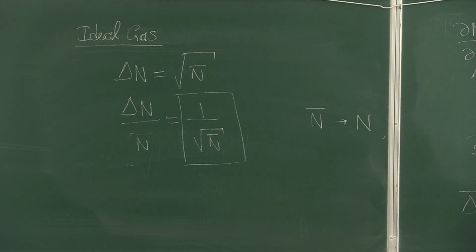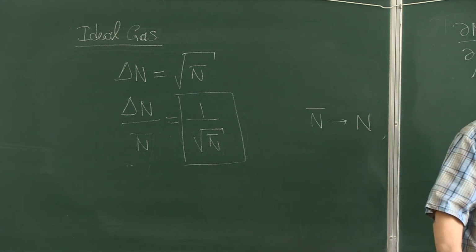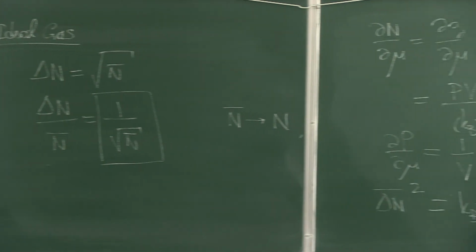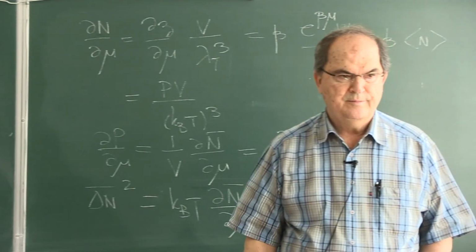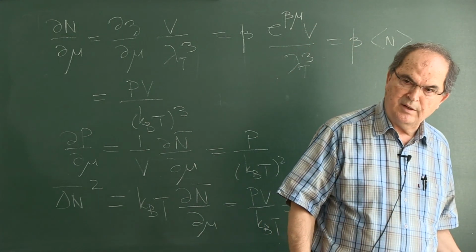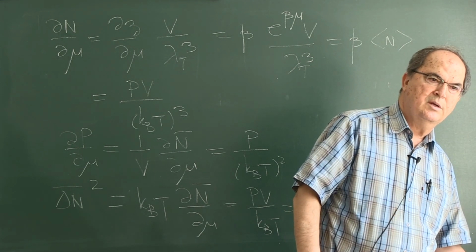So the reservoir with which your system is interacting is a particle and energy reservoir. They are changing. So if the number is changing, at equilibrium, of course, these changes will slow down and become very small. That's why we can identify averages with the actual number of particles and actual energy.